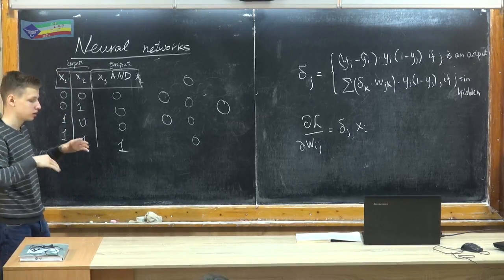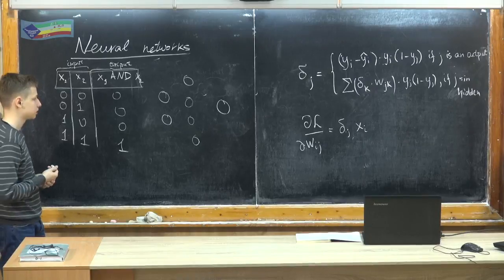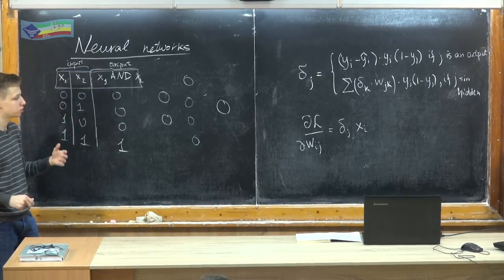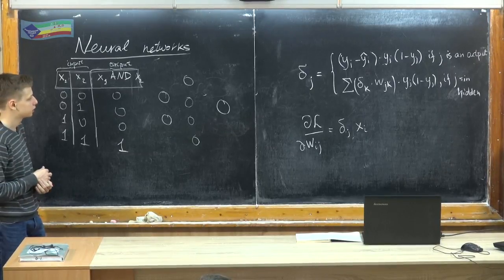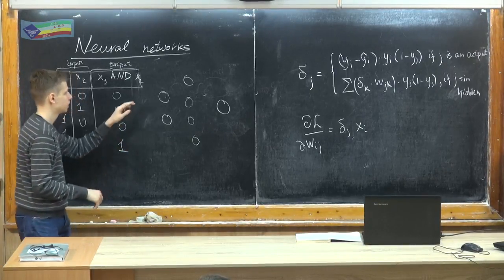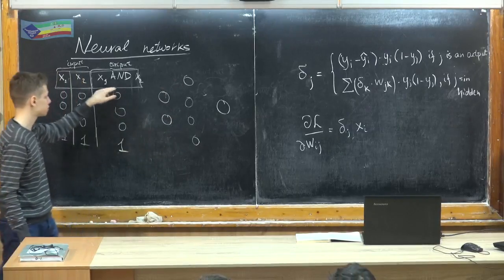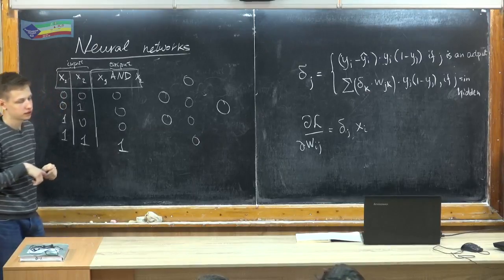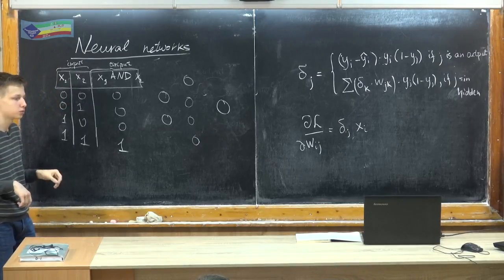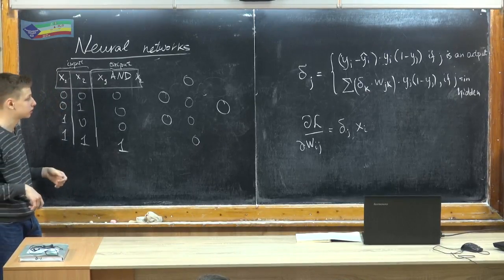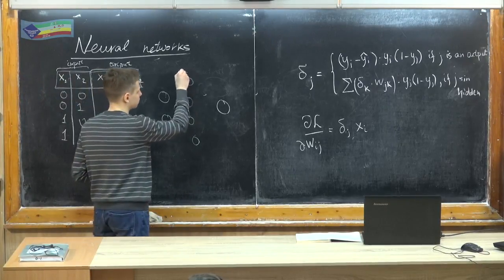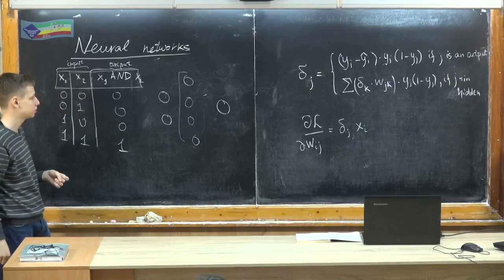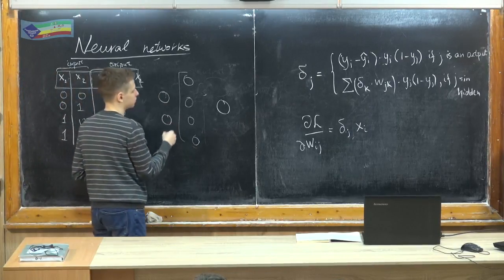And if we go with more and more hidden neurons, then the neural net can compute more sophisticated behaviors. But at the same time, if we have a lot of hidden neurons for such a simple logic operator, then this is quite bad, and we will talk about it in the next lesson.